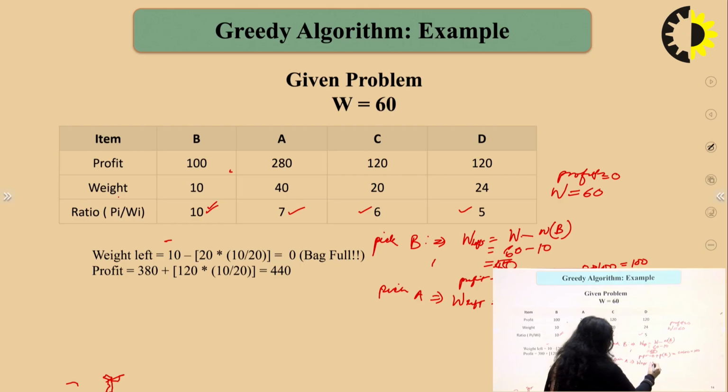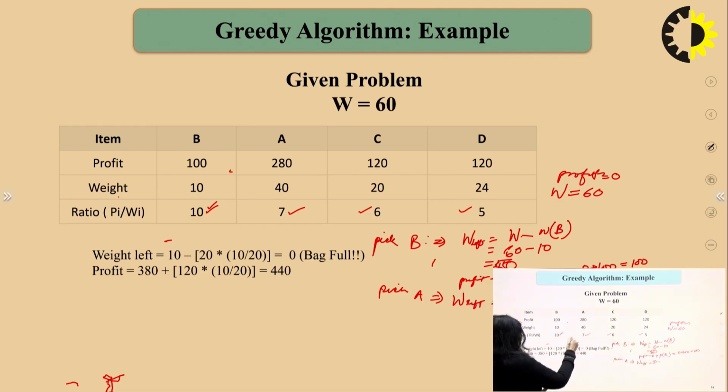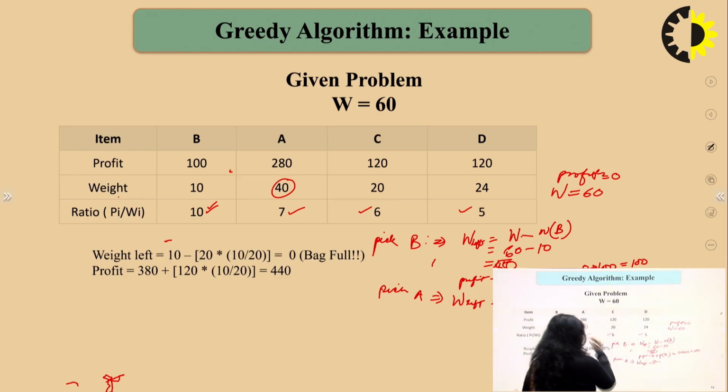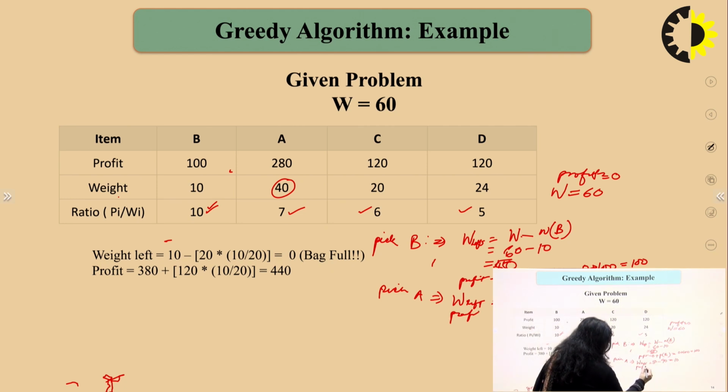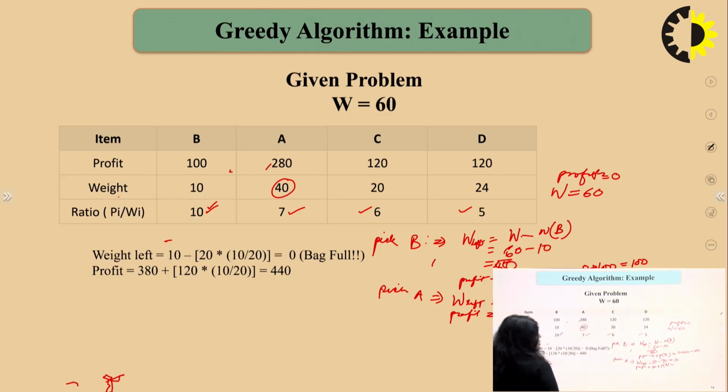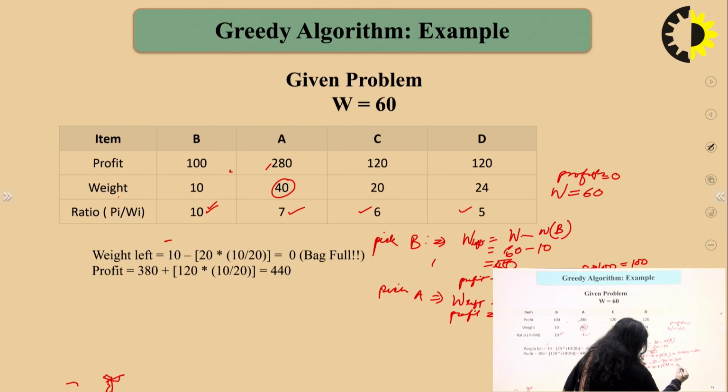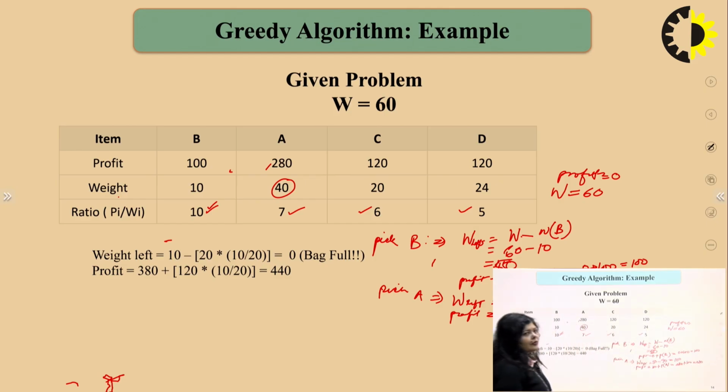W is now reduced to 50, so 50 minus 40, the weight of A. The remaining capacity will be 10 here, and the profit will become 100 plus profit of A, which is 280. Now you have 380 profit units.